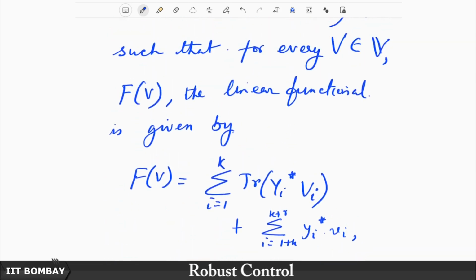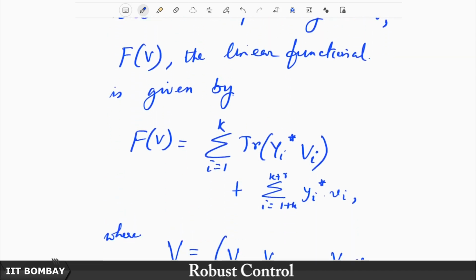This is what this element v in the vector space V looks like, okay.